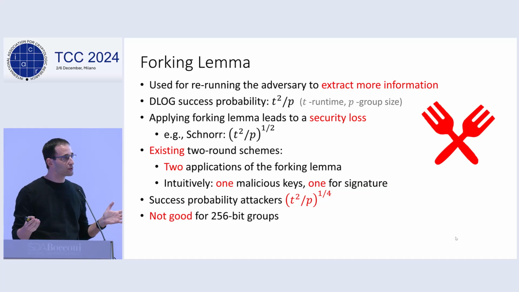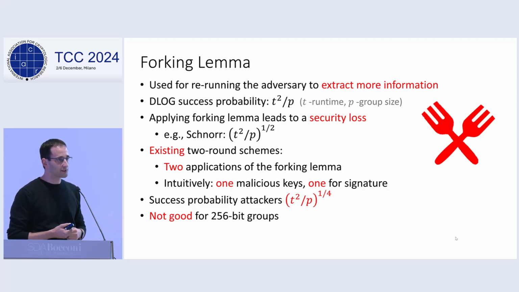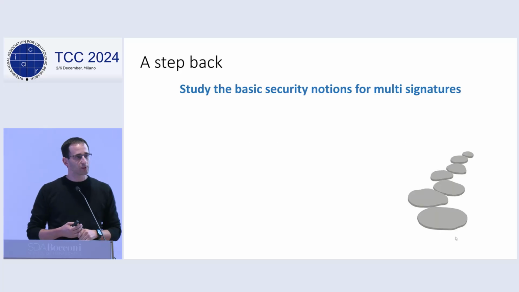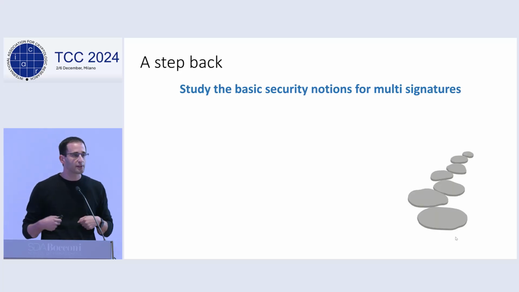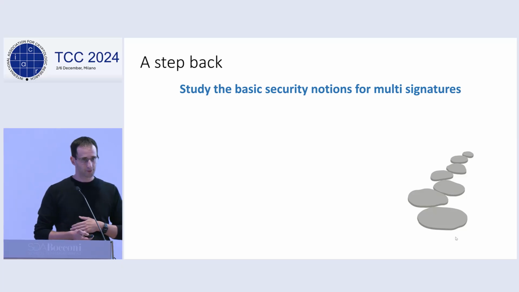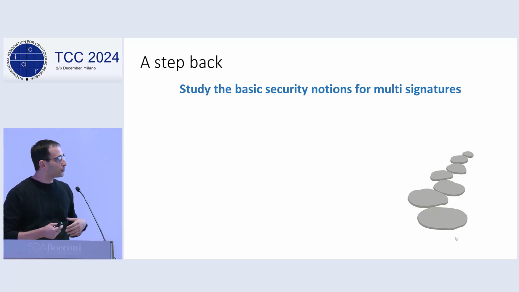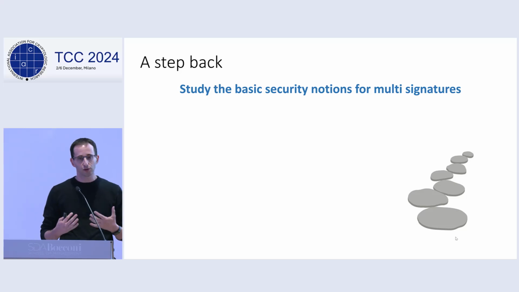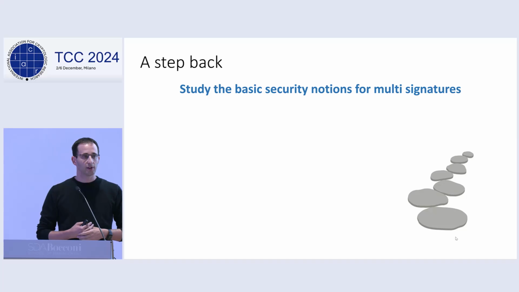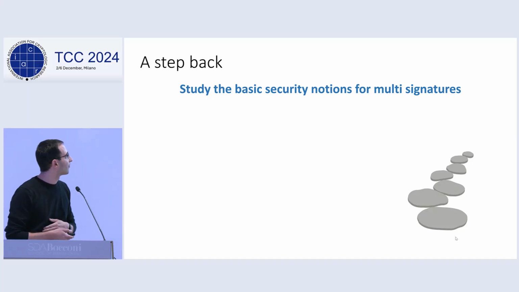And this is not going to be good enough for 256-bit groups. So at this point, we take a step back and think of the foundations of the security of multi-signatures. We ask, what are the basic security notions that we can get without losing this additional security loss?